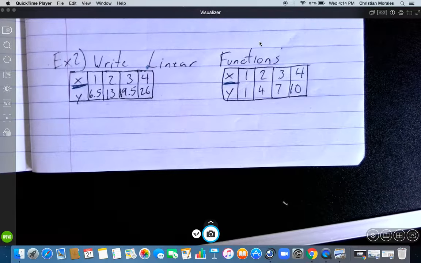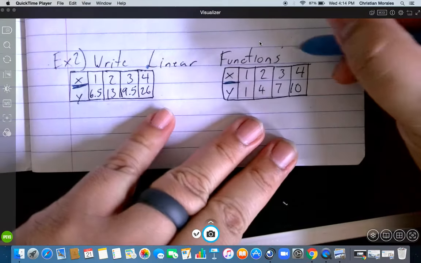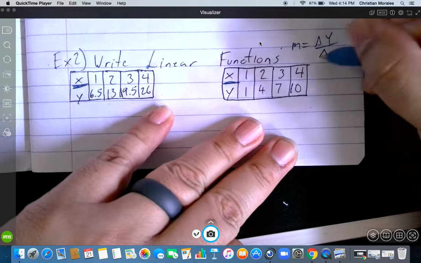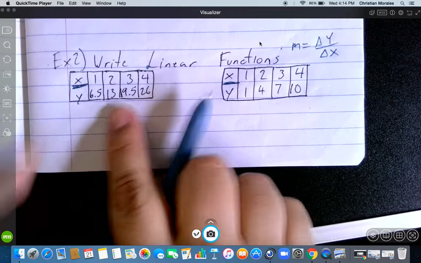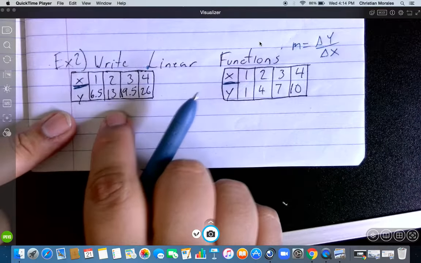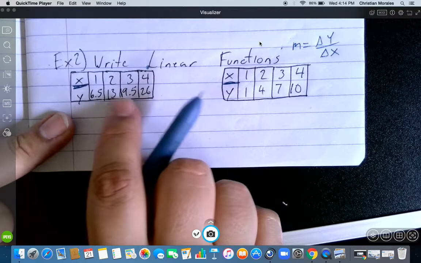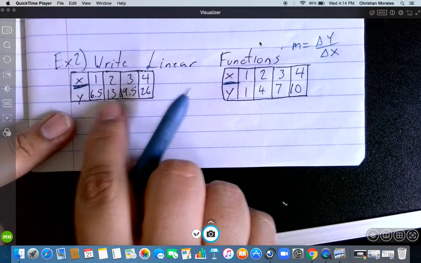So we're going to have to find the slope here. If you remember, the way we found slope was the change in y over the change in x. So look at the table. Look at how the y's are changing. They're growing. How much are they growing by? Well, if you're not sure, you can always take the second number and subtract the first number.